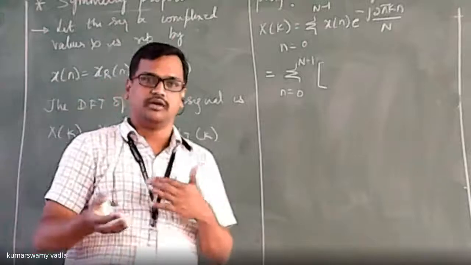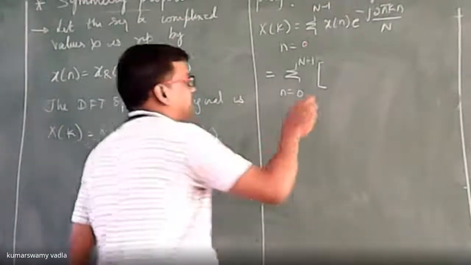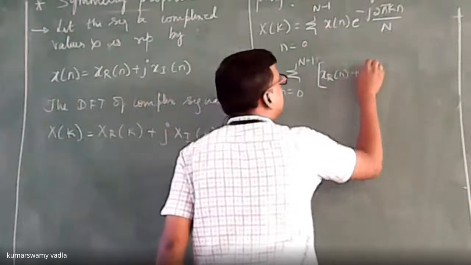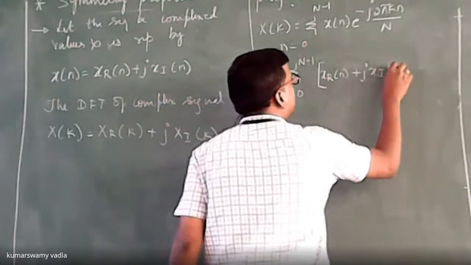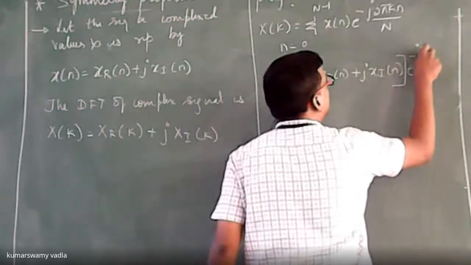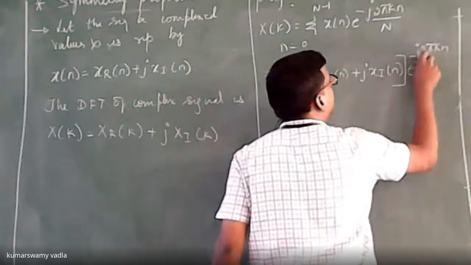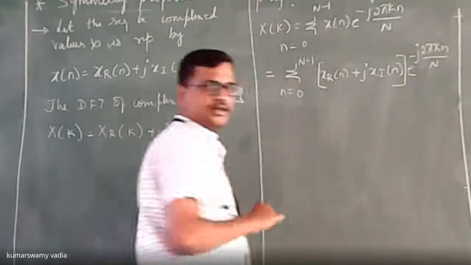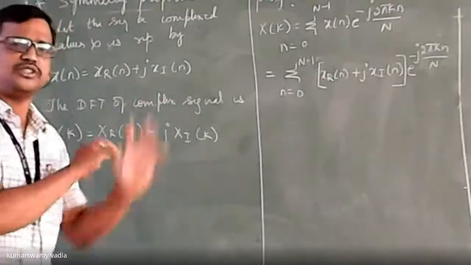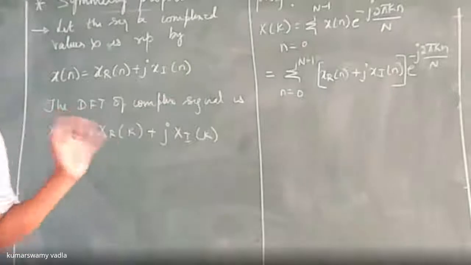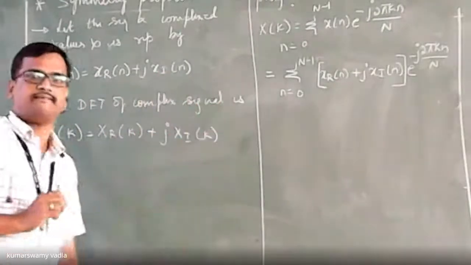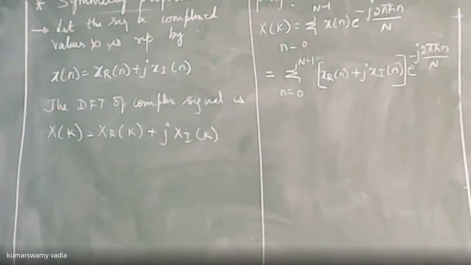It is both real as well as imaginary: xr of n plus j xi of n into e power minus j 2 pi k n divided by N. Is the point clear here, students? I substituted x of n, considering it as a complex signal over here. Is the point clear here, students?